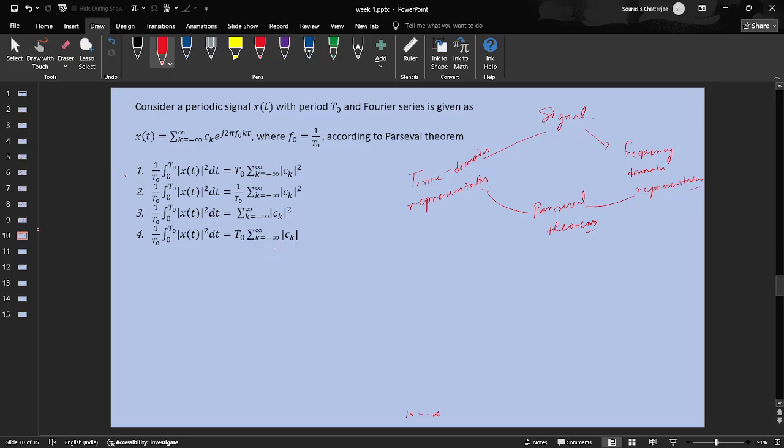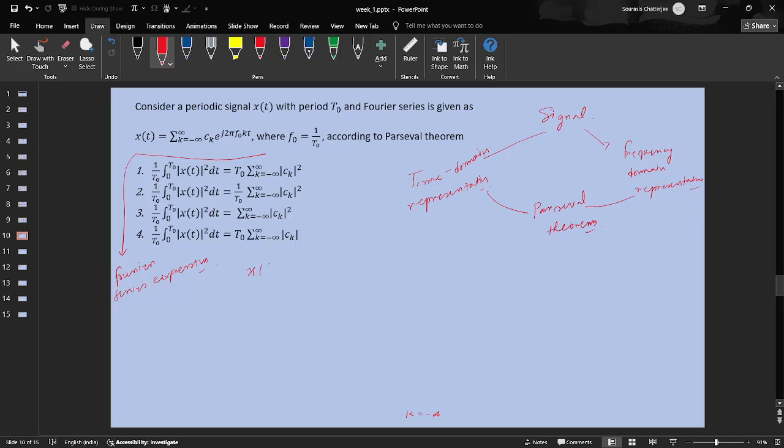For that, let us look at this expression here, which is the Fourier series expression for a time domain signal xt, right?